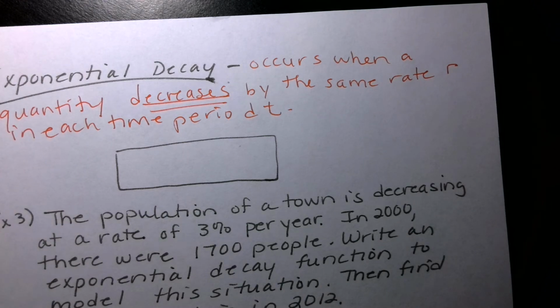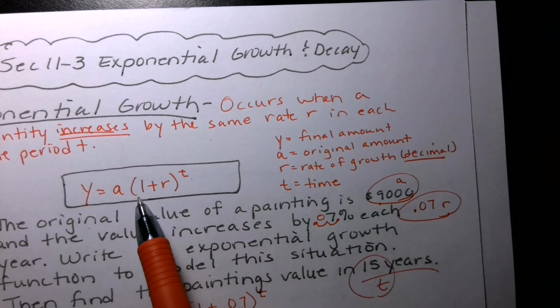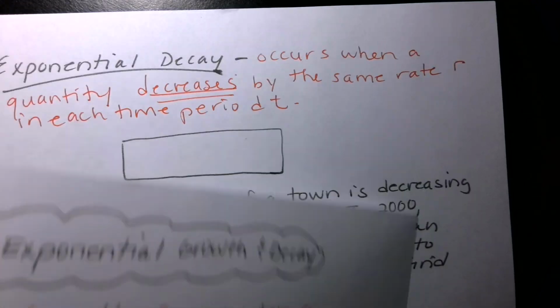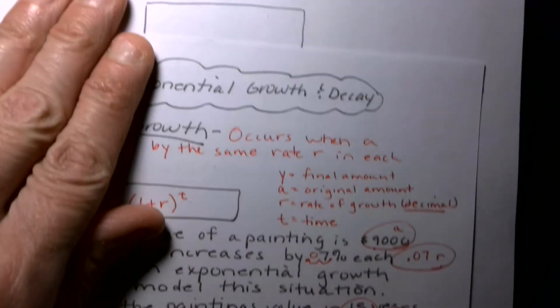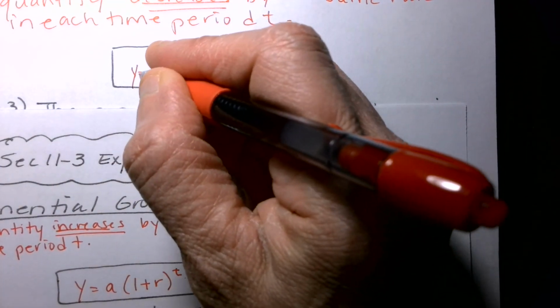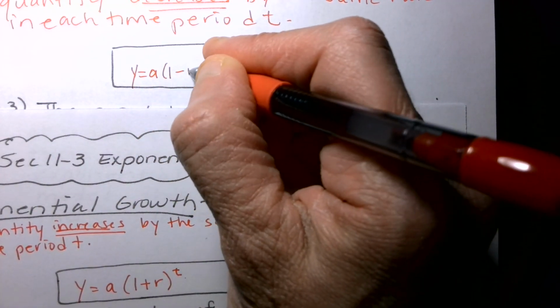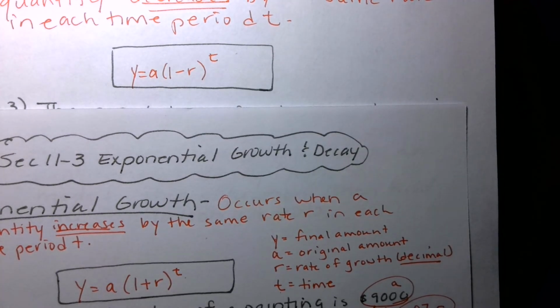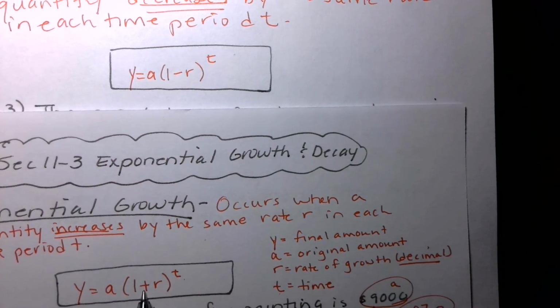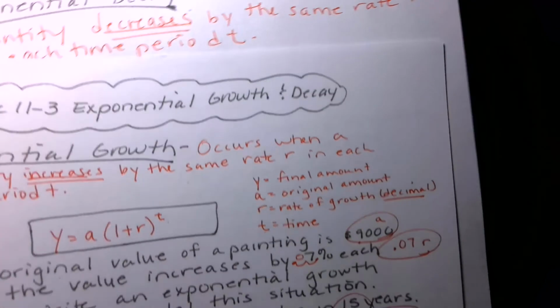All right, so I want to also have you take note of this formula on the growth, because watch how similar it is on the decay. So I'm going to leave them both on there so you can see for now. It's y equals a times 1 minus r to the t. So check that out. Pretty cool, huh? Makes sense though. This is decreases, so it's going to be getting smaller as the rate is here getting bigger.